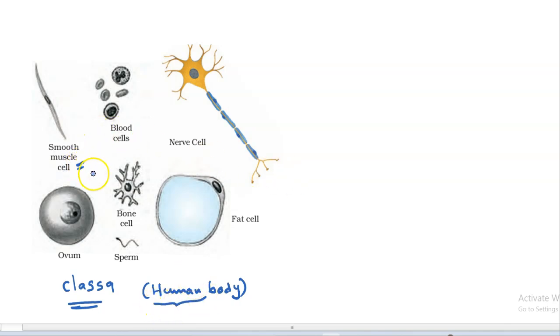Let us start with smooth muscle cell. Its major function is contraction. As these are involuntary muscles, they are involved in contraction and relaxation. Contraction and relaxation in humans is possible with the help of smooth muscle cells. Next we have blood cells.